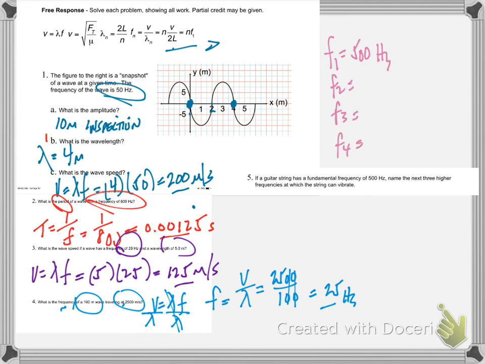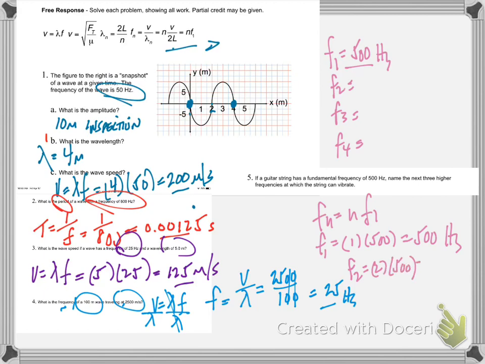Well, we can use the equation Fn equals n times F1. So the first fundamental is going to be 1 times 500, which is 500 hertz, which is what they told us. The second fundamental is going to be 2 times 500, which equals 1,000 hertz.